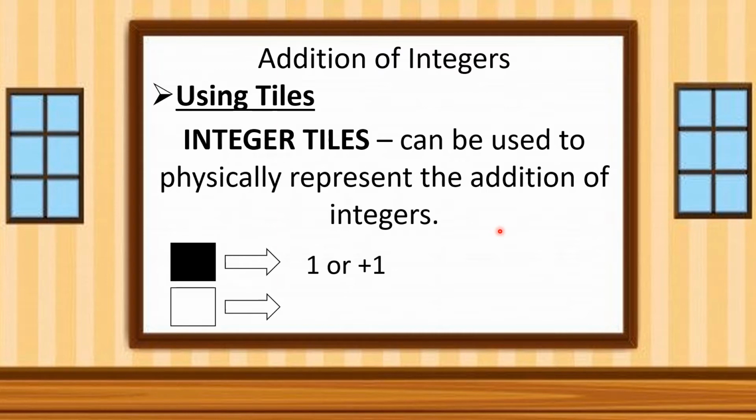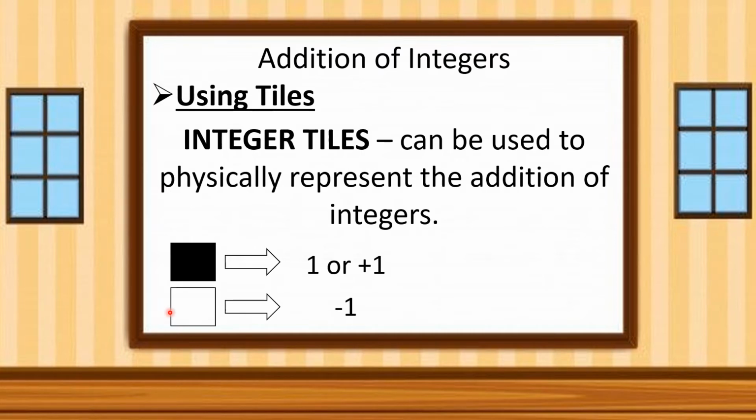Then, this unshaded tile, ang nire-represent naman niyan po is negative 1. Okay, so ulitin ko, kapag itong shaded, ang nire-represent niyan ay positive 1. This unshaded tile, ang nire-represent niya naman po ay negative 1.